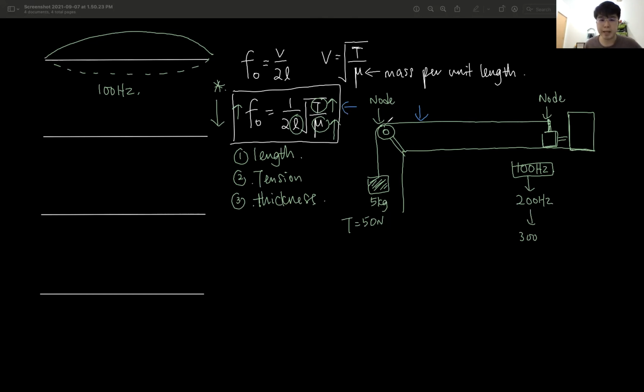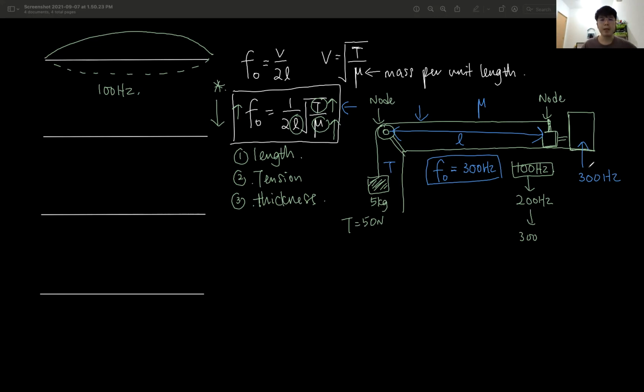First you need to find the fundamental frequency of this string using this formula, based on the length, which we just take over here, based on the tension, and based on the mass per unit length, and you get the F naught. So if F naught is equal to 300 hertz, then when you adjust the frequency generator to 300 hertz, you will see the first harmonic.